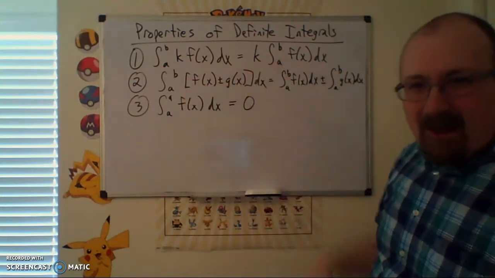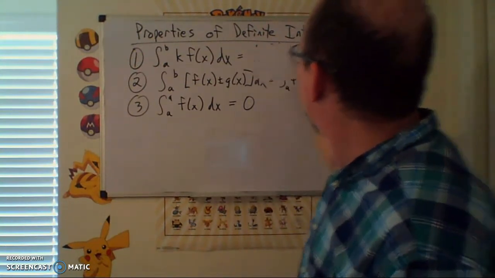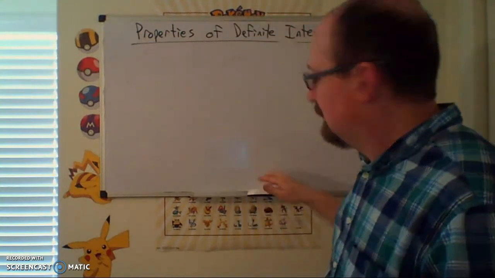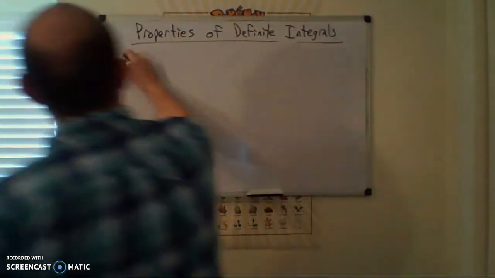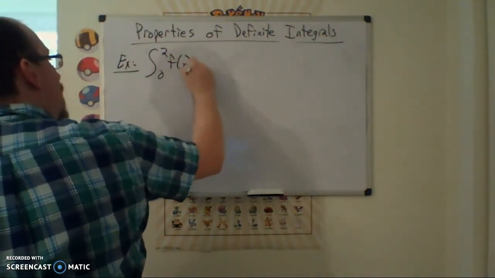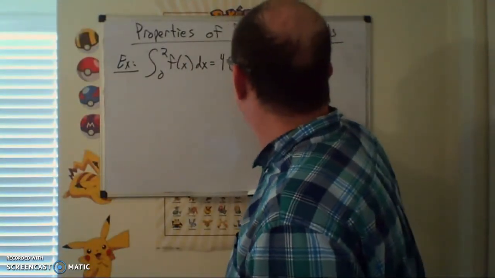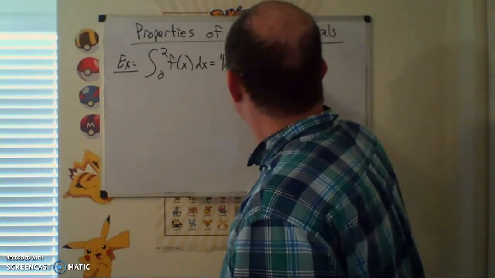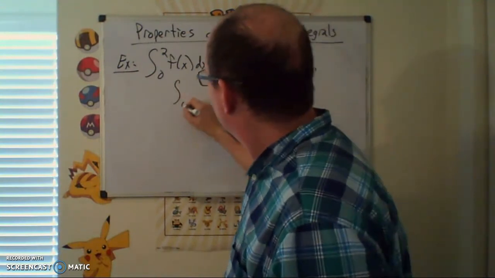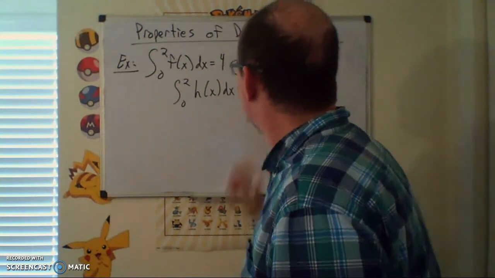I wanted to dig in and play around with these linearity properties 1 and 2 a bit before we call it a video. So let's take a look here. We have gone through great pain and hardship coming up with values for a few different functions: f of x, g of x, and h of x.